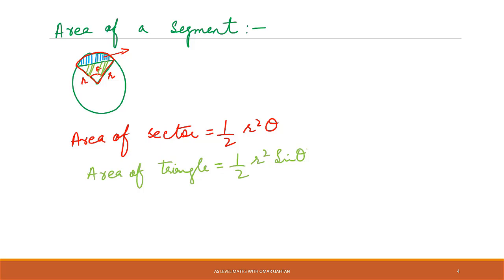So if we have to find this blue part, what we need to do is subtract the triangle from the sector. So area of segment will be area of sector minus area of triangle.